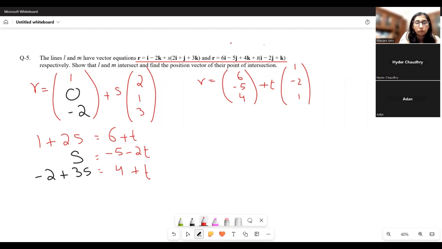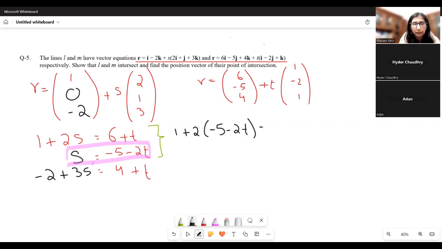Okay, so you may solve any two of these equations first. I'm going to solve the first and the second equation simultaneously. So we know that s is equal to this. I'm going to substitute it in the first equation. So I have 1 plus 2 times minus 5 minus 2t equals 6 plus t.